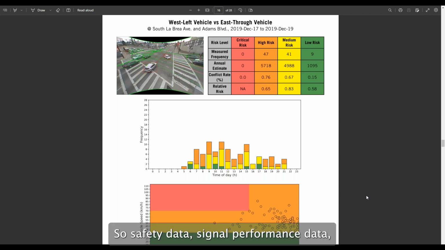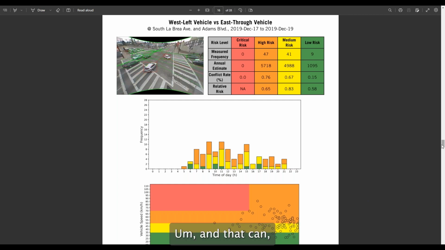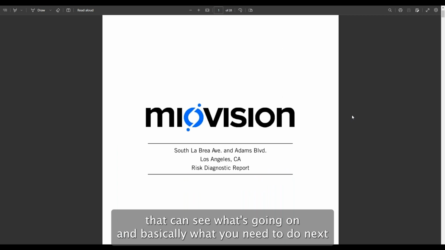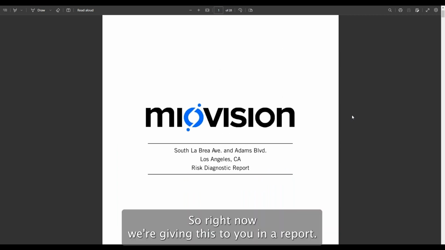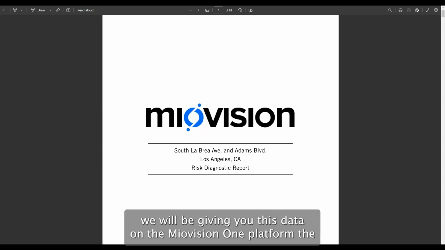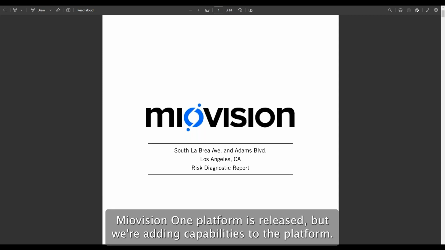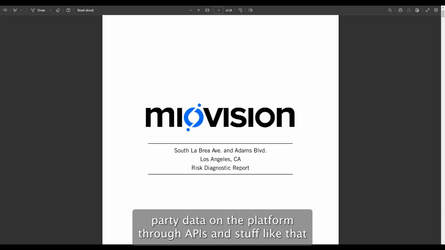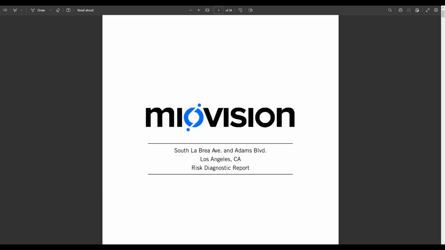So safety data, signal performance data, traffic count data in a map-based view, so you can see what's going on and what you need to do next about the network. Right now we're giving this to you via report. What's coming down the pipe is we will be giving you this data on the Miovision One platform. The Miovision One platform is released, but we're adding capabilities to it, and you can even have third-party data on the platform through APIs.